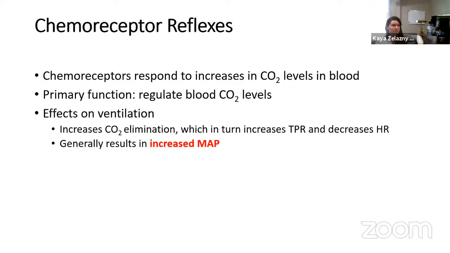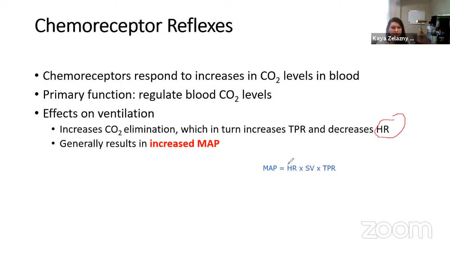But some of the things it does in order to do that is it increases your TPR and decreases your heart rate, which can be kind of complicated to think about in terms of our equation. Right, we had our heart rate, we had our stroke volume, we had TPR. So what I'm saying to you here is that we're going to start with this heart rate part.